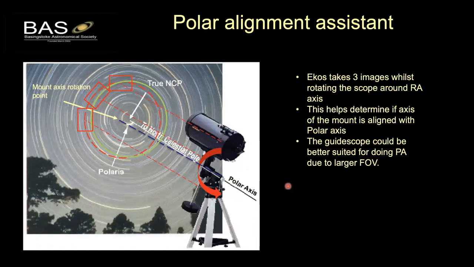If you've got cone error between the two, you'll still have an offset. Yeah, but your plate solve will do your axis alignment based on either your guide scope or your main scope. However, if the two aren't aligned, parallel, thank you, if they aren't aligned because of cone error, then you'll still have an offset in there.